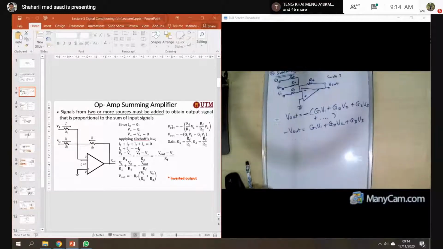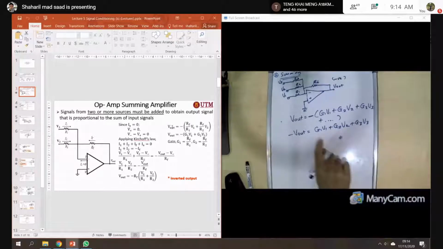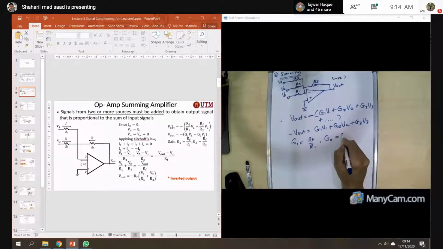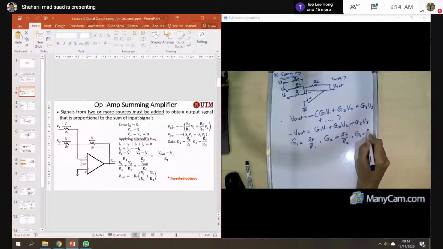So what is G1? The gain number one, G1, is RF over R1. The gain number two, G2, equals RF over R2. And the gain number three, G3, is RF over R3.